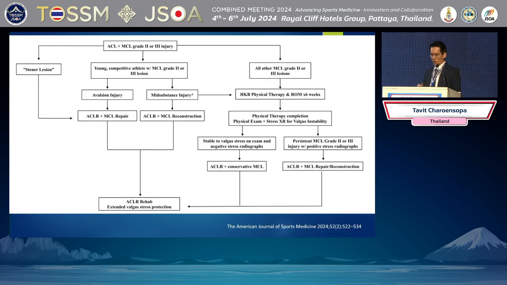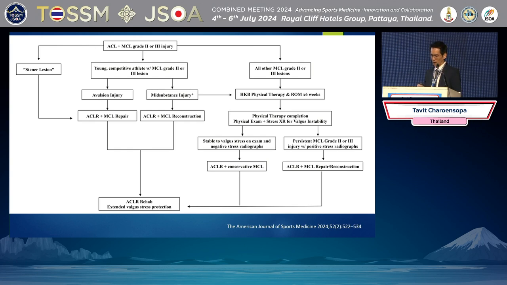In this algorithm for treatment of ACL and MCL, if you have a sternal lesion, the ACL reconstruction and the MCL repair should be done. And the second, if you have a young active patient, you have 2 choices for the MCL.